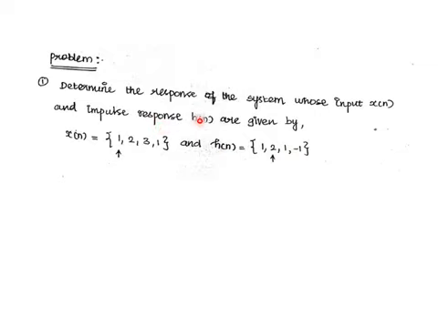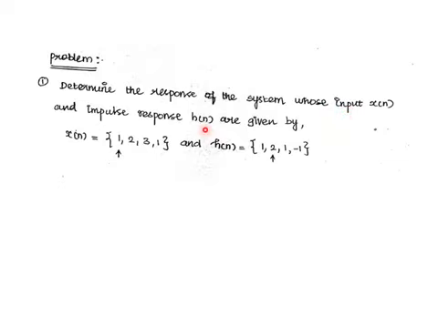If you observe the problem statement keenly, nowhere is it mentioned that you have to perform convolution between x of n and h of n. Simply the question is to determine the response of the system.